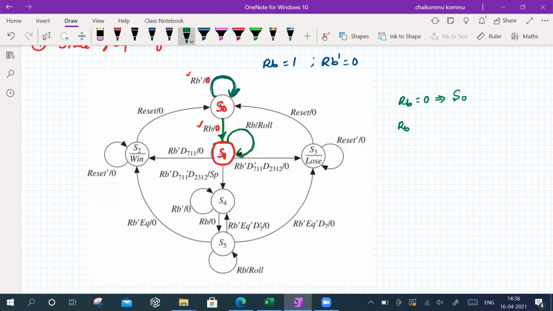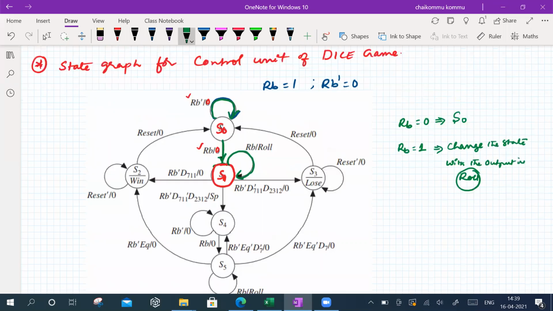If RB is equal to 1, then what we have to do is change the state. Very, very important. Change the state. State changes here. But actually, what we have to do, with the output is roll. The roll signal has to be generated.